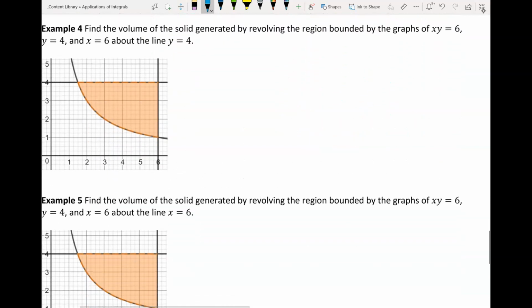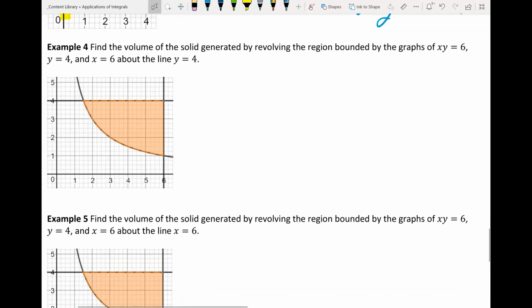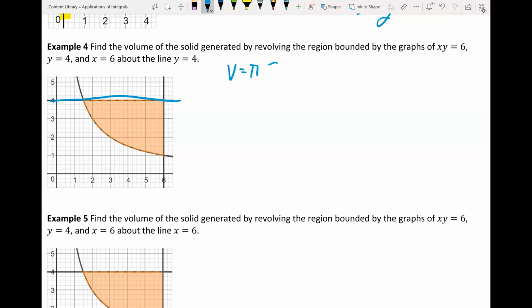We'll go through two more examples. In example 4, we want to find the volume of the solid generated by revolving the region bounded by the graphs of xy is equal to 6, y is equal to 4, x is equal to 6 around the line y is equal to 4. Because we are revolving around a horizontal line, we are going to use this one.